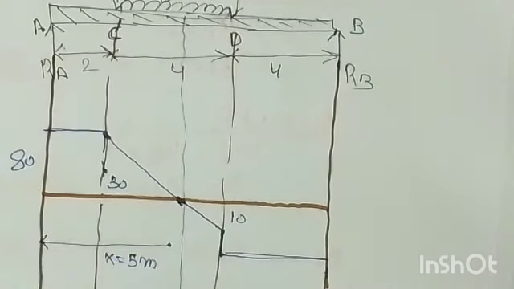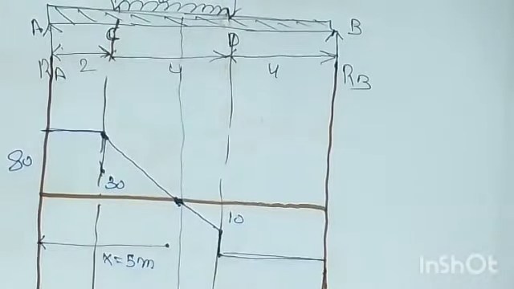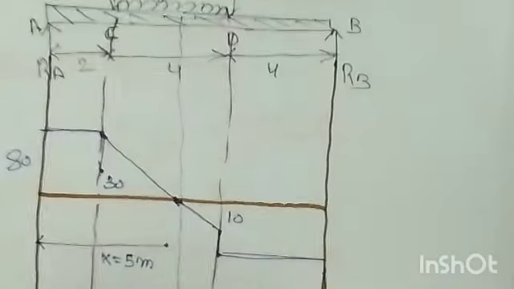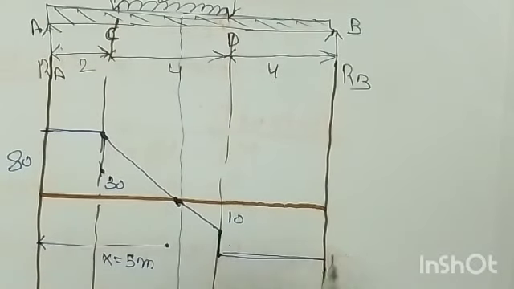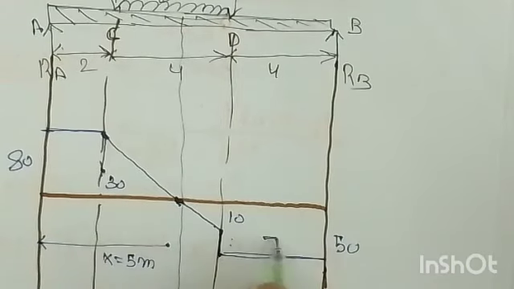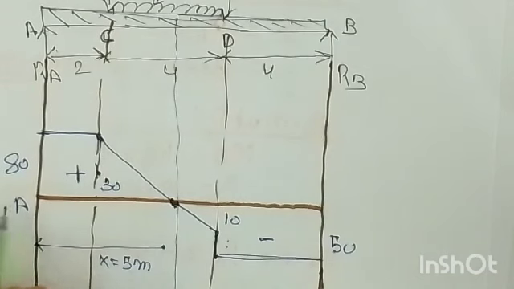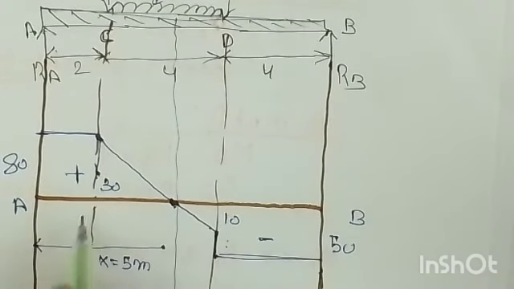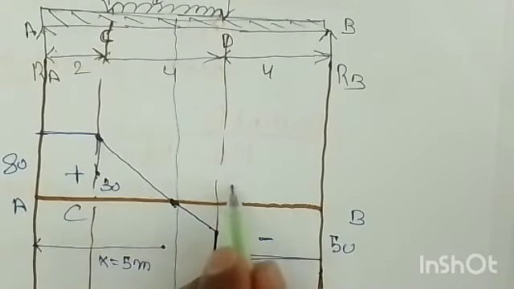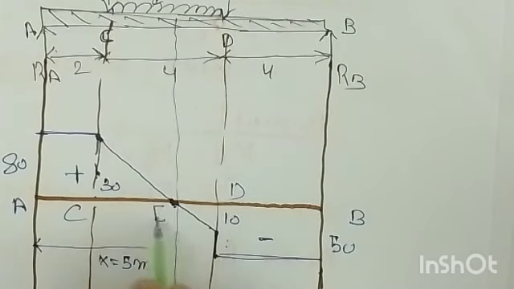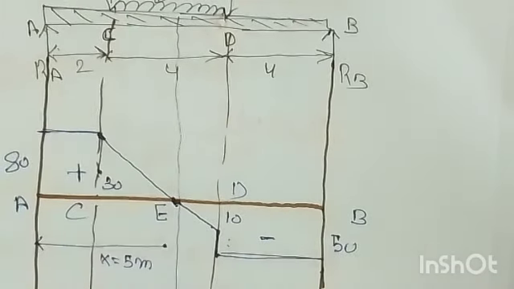And again at D it will be minus 40, and this is minus 40 and this will be 50. This is negative and this is the positive shear force diagram. So this is your A, B and C, D, and let's say this is E, that at E the shear force becomes 0.